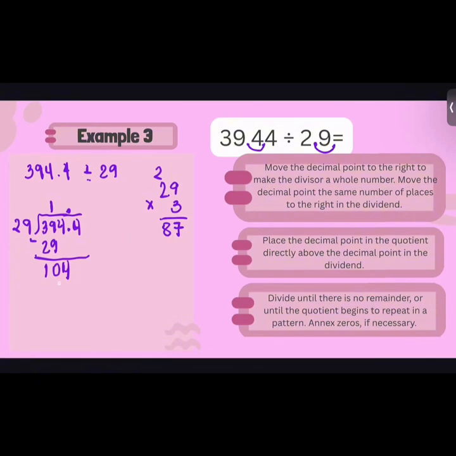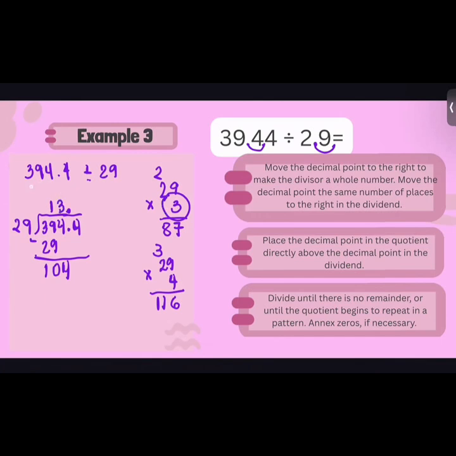So si 87 pasok kay 104, try natin si 4. 9 times 4 is equal kay 36. So 6, carry up 3. Then 4 times 2 is equal kay 8 plus 3, that is equal kay 11. So 116. So si 116 is mas mataas kay 104. Therefore, ito po ang kukunin natin, si 3. So 104 divided by 29 is equal kay 3.